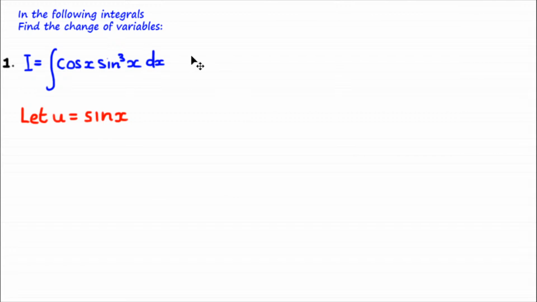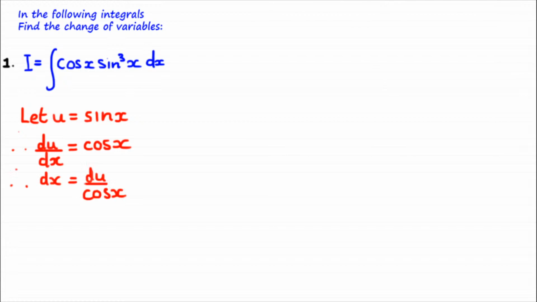All right, so let's go through this. Going to the next level, hopefully we can now better understand how to assign u, or which substitution to make. Once we let u equal sine x and we take the derivative of both sides, we get du by dx is equal to cos of x.